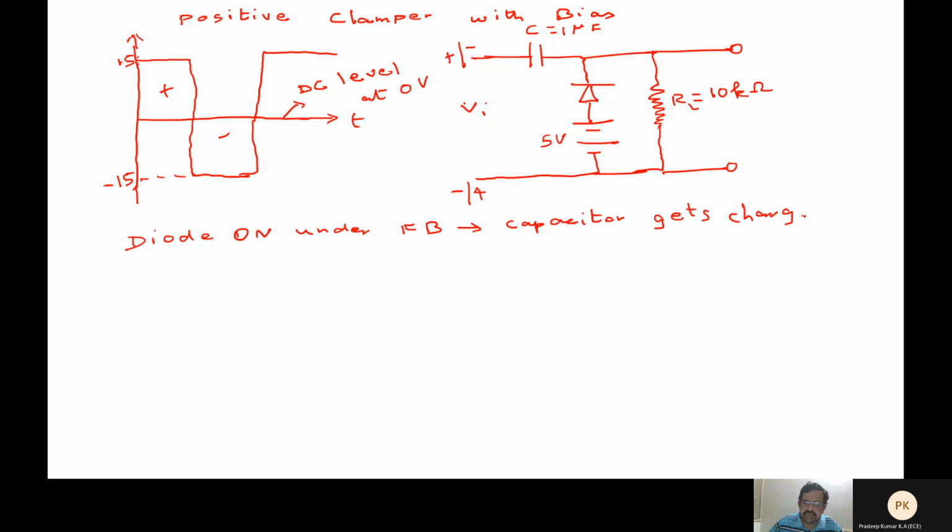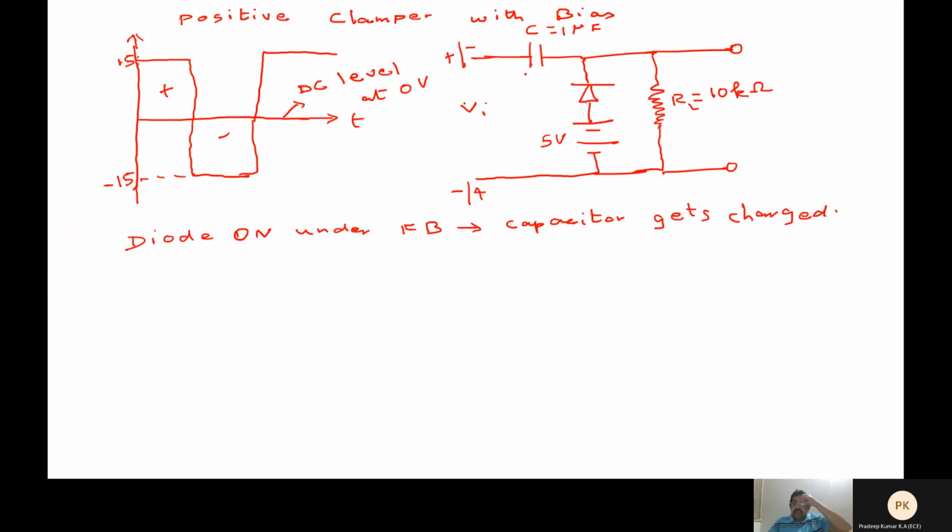Now you can ask me, if the diode is reverse bias, still there is a complete circuit, why can the capacitor not get charged under the reverse bias? When the diode is reverse bias, this will be an open place, but the circuit is still complete through the RL. So why can the capacitor not get charged?